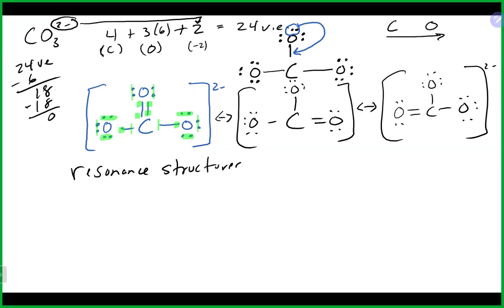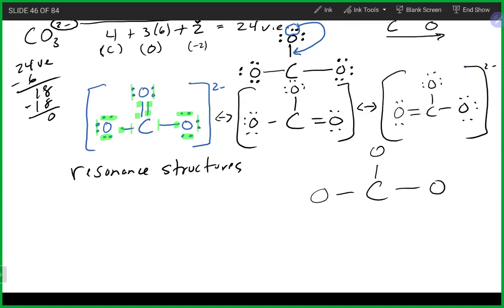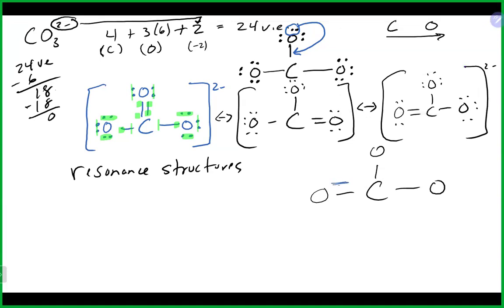And resonance structures are structures that basically arise in a situation like this where you have a few options as to where you could double bond and move that double bond around. The reason for that is the electrons that we bring in to make the double bond are sometimes referred to as being delocalized, which means they're just moving around. So if we look at something like carbonate here, in terms of those electrons that are making the double bond, at some point they may be over here at this guy, but then they may move over to the top guy.